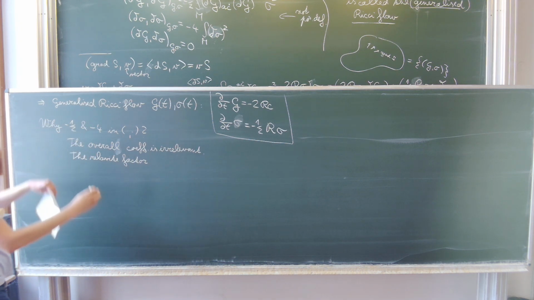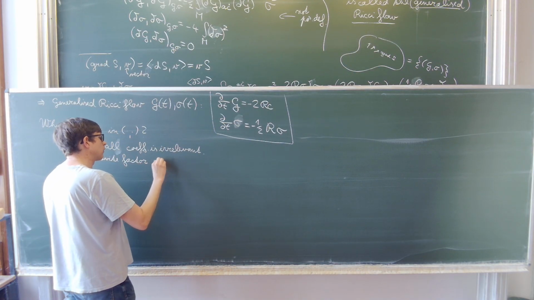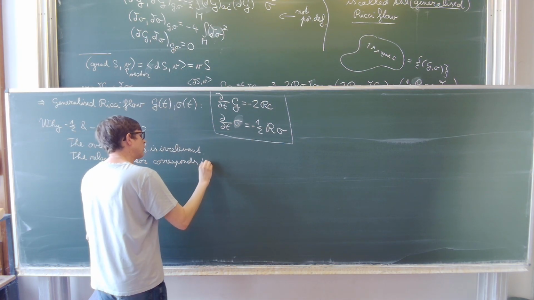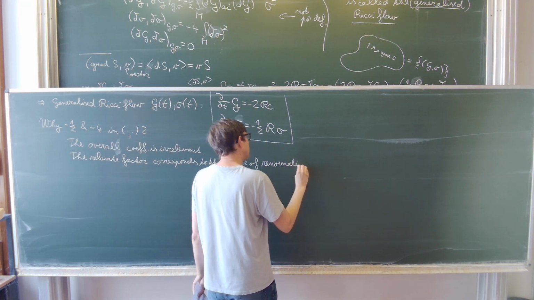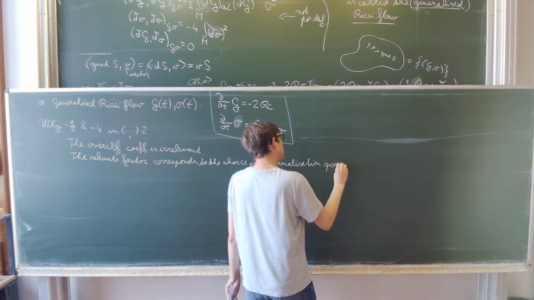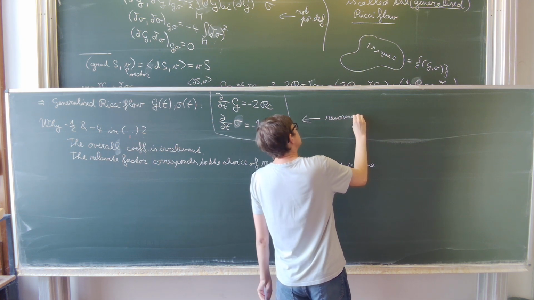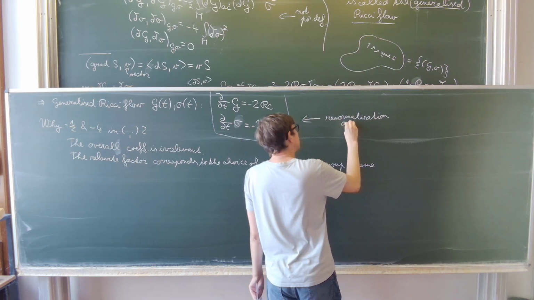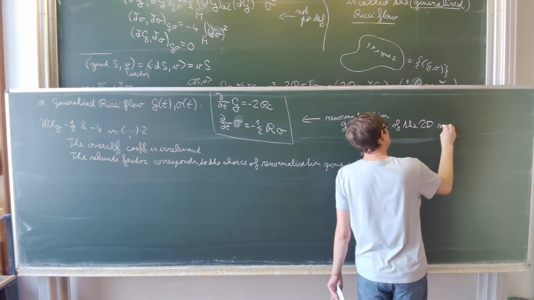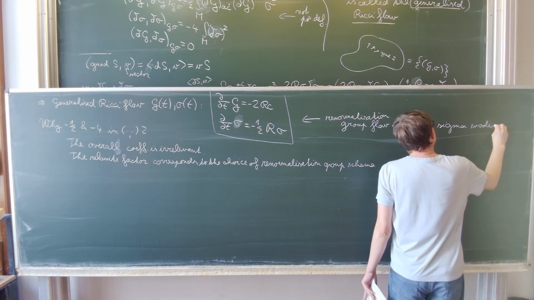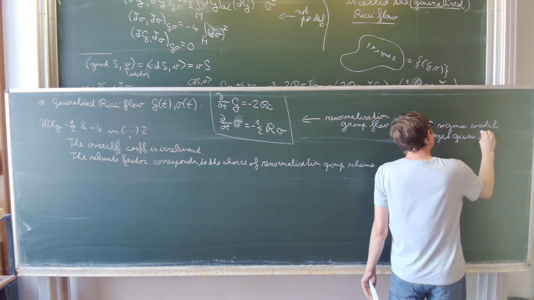If I would fix one and change the other one, then this corresponds to a change of the renormalization group scheme, because I forgot to say, this thing is, incidentally, the renormalization group flow of the 2D sigma model in a target given by G and sigma.